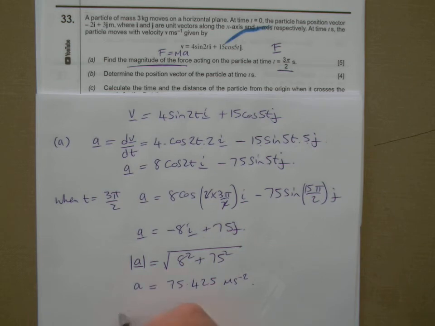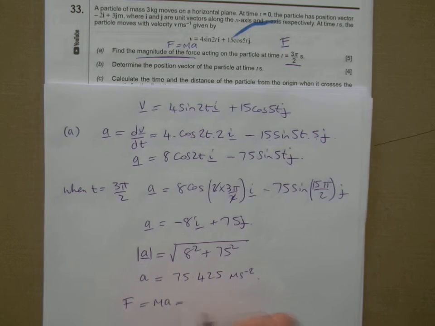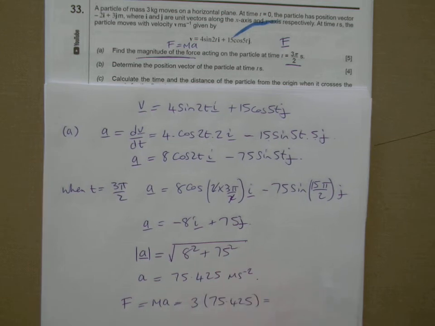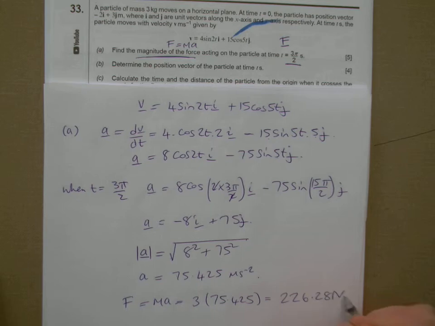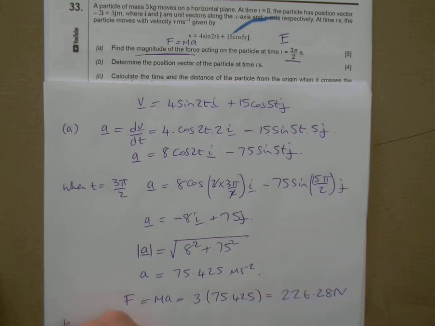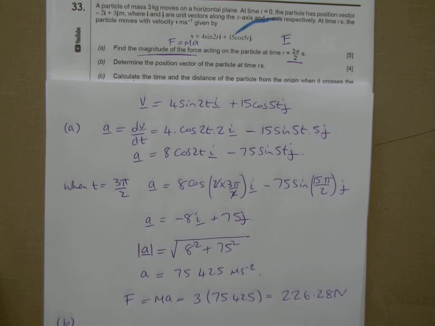Then to get the force, it is mass times acceleration. In this case, the mass is 3 kilograms, and then you've got the acceleration we just worked out. So if I just times the answer by 3 on my calculator, it comes out to be 226.28 newtons.